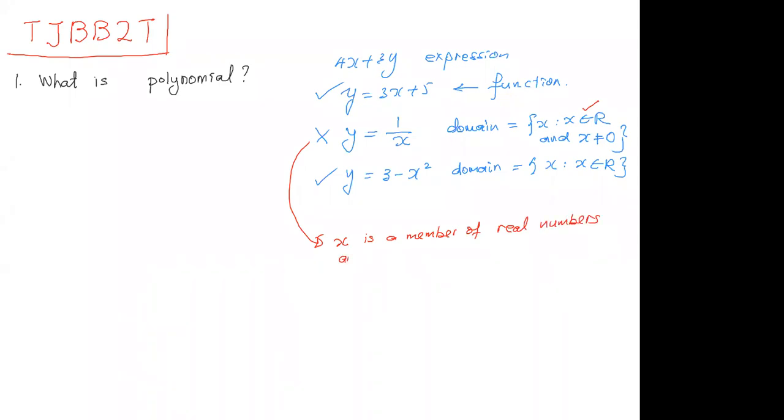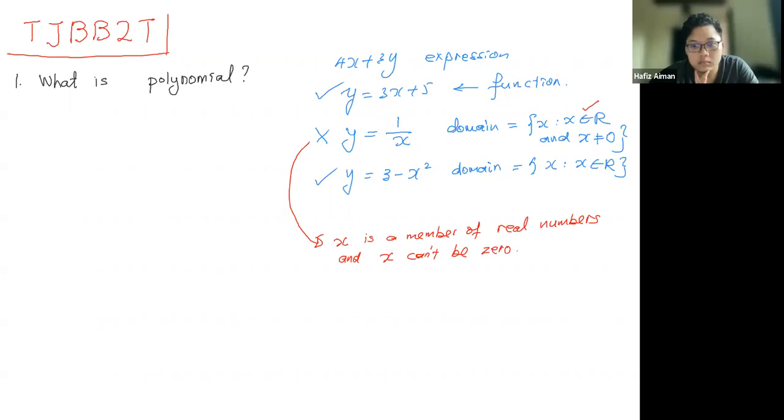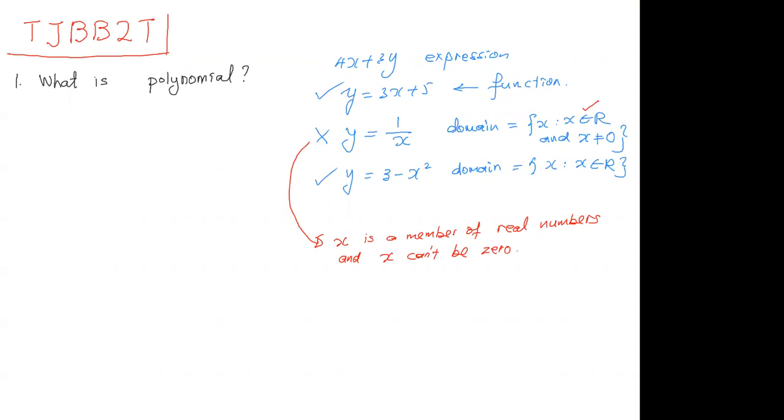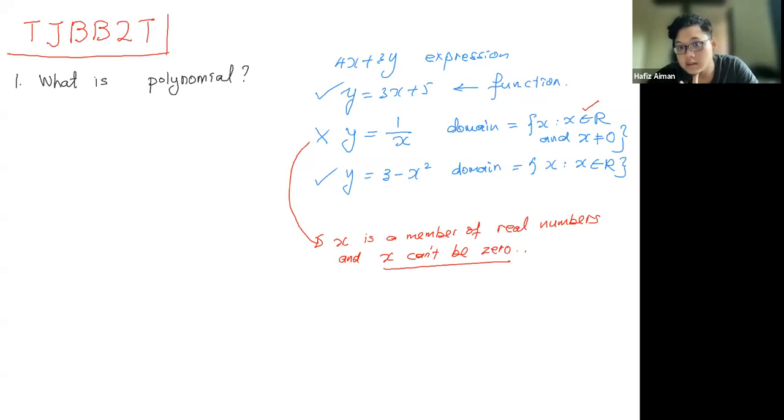and x can't be 0. Do you know why I need to put a statement there? So that all these are functions. Can anyone tell me why I have to put this constraint here? If x is 0, the equation is an error.